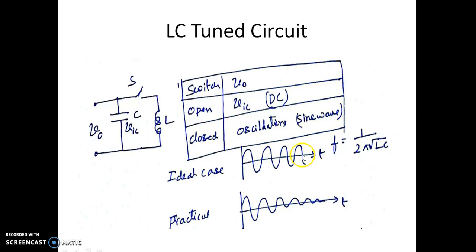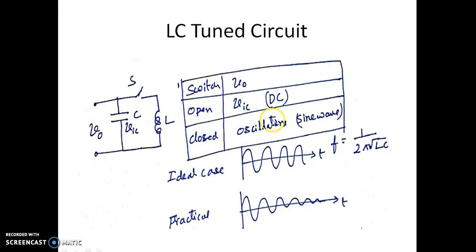This will be a sustained oscillation as long as these two are ideal in nature. So we end up with a sinusoidal oscillation at a frequency f, given by 1 over 2 pi root LC. The values of L and C decide the oscillating frequency. When the switch is open, V0 is the DC voltage.